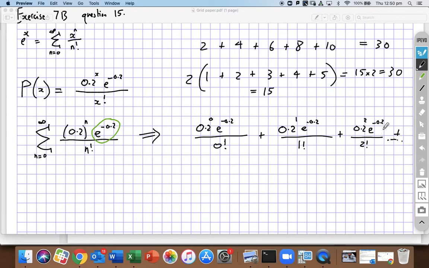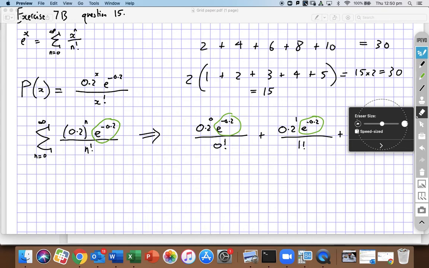But for each term in the sum, this number is in there. So I could pull that out of the sum and just multiply it right at the end.